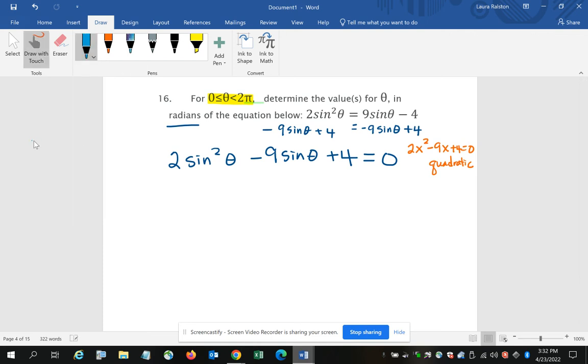And we typically solve quadratics by factoring. So if I factor this thing, I would have 2 sine theta and sine theta, and then I'm going to use 4 and 1, and they are both negative.